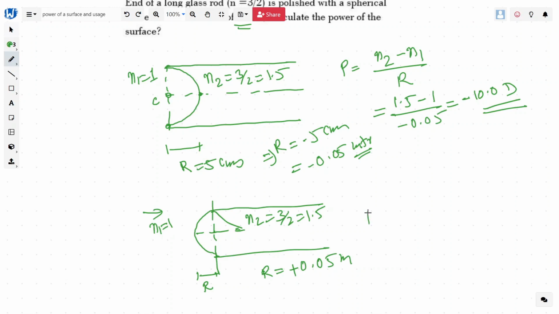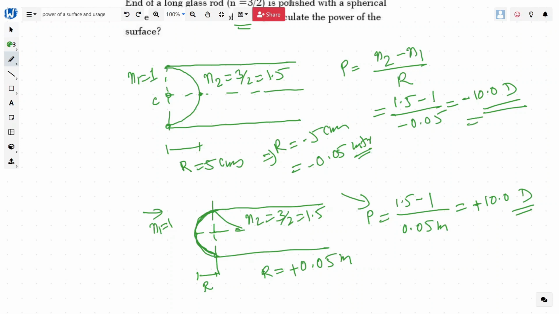Then we again calculate the power of this surface. So n2, which is 1.5, minus 1 divided by R, this time it is positive 0.05 m, and it turns out to be plus 10 diopters. Which means that when we have a convex surface, the power is positive, and when we have a concave surface, the power is negative.